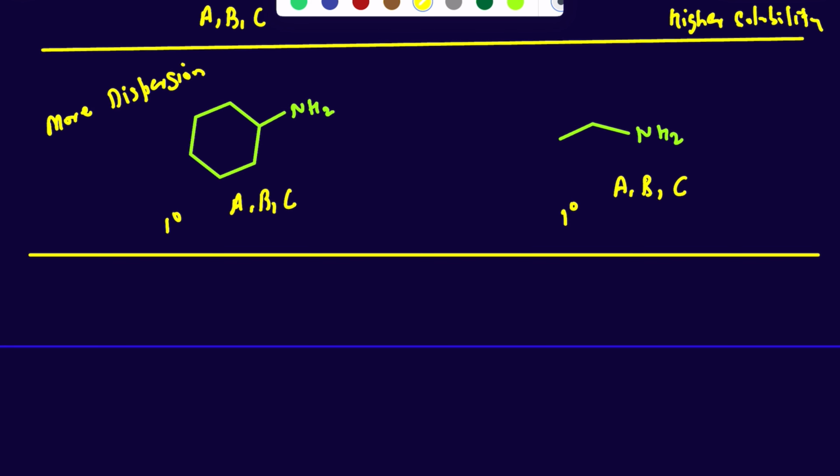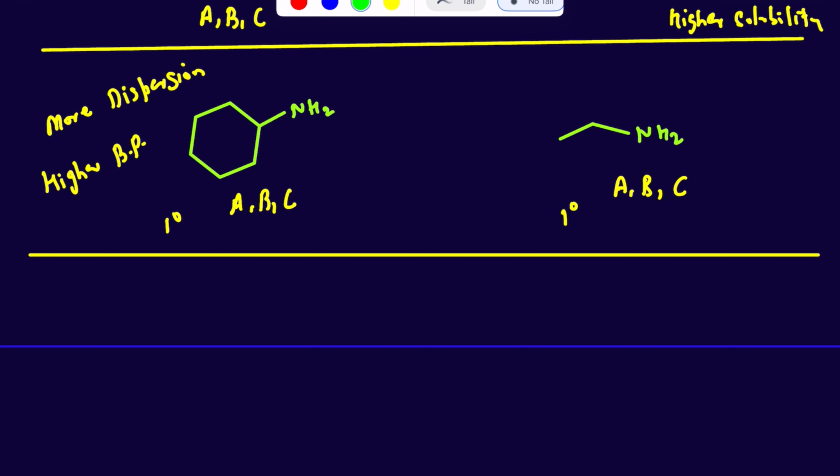The higher the surface area, the more dispersion forces, and that means a higher boiling point. So this one would have the higher boiling point. The one on the right side does have dispersion forces, but the amount is going to be a lot less than on the left side.